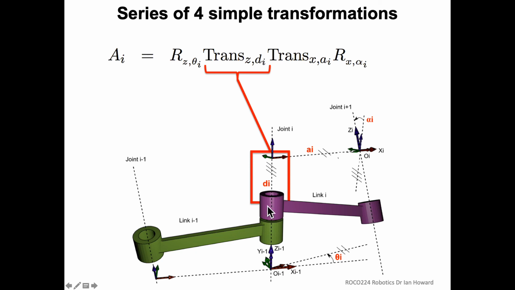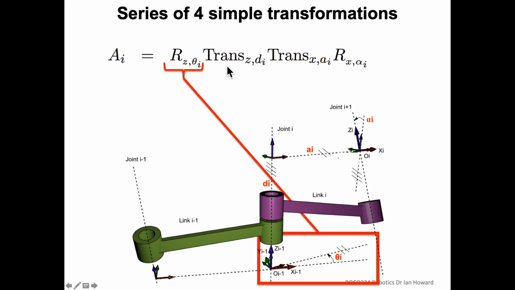And then the final thing is, we know that this joint also rotates around the z-axis. When it does so, it changes the alignment of its x-axis with the one of the next frame. So we've got a rotation around the z-axis by theta, which we've also got to account for.